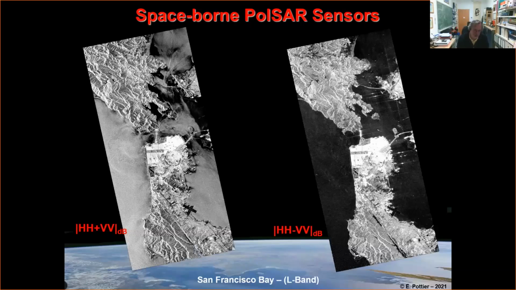HH plus VV, single bounce. And when we subtract VV from HH, HH minus VV, in such a case, we are more sensitive to double bounce. Okay, so for imaging, I have a building, I have a parking, and so I can have a double bounce between the wave, the building and the parking, coming back to the radar. So HH minus VV is closer to double bounce, and HH plus VV closer to single bounce.